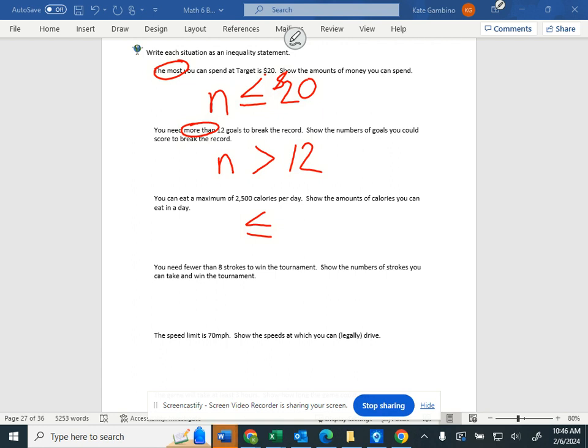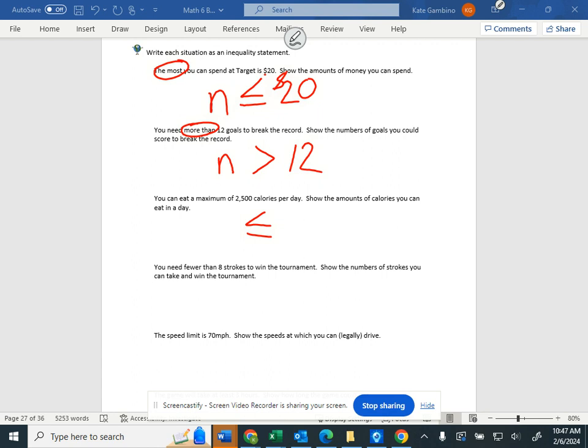So really think through where we're going to put our variable and where we're going to put our number. You can eat a maximum of 2,500 calories per day. You can't eat more than that. Not healthy. You have to cap it at 2,500 calories. So where do I want to put that 2,500 calories? Do I want that to be less than the calories that I'm eating?